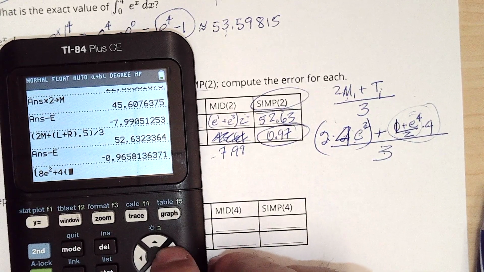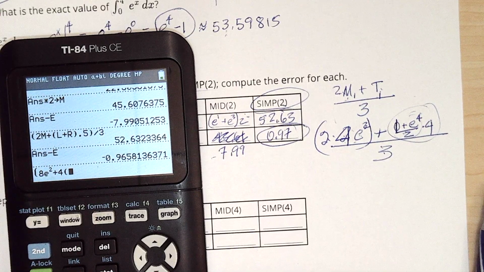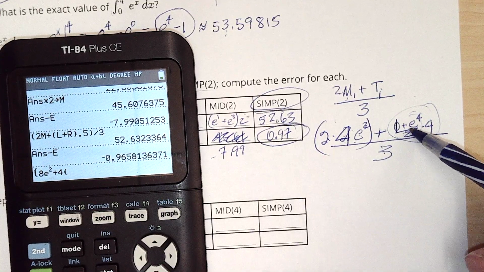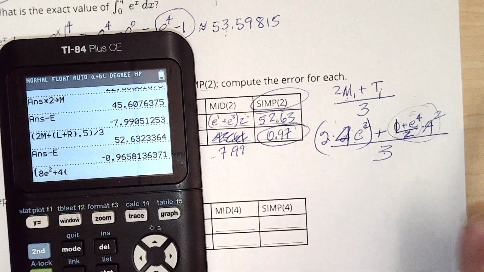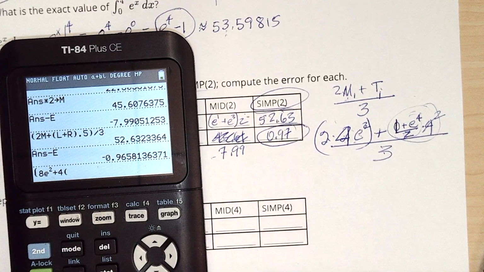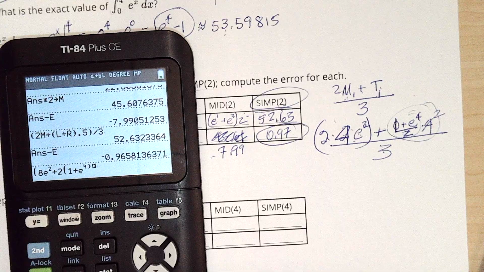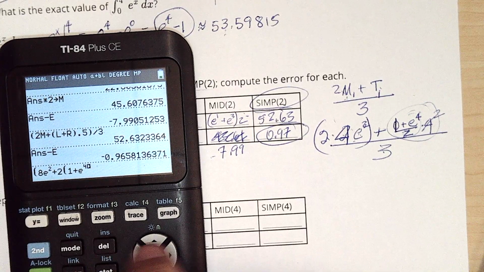E squared plus 4 times, well, if I take 4 times this, the 2's will cancel, so I can just put 2 times 1 plus e to the 4. Oh, close parentheses.